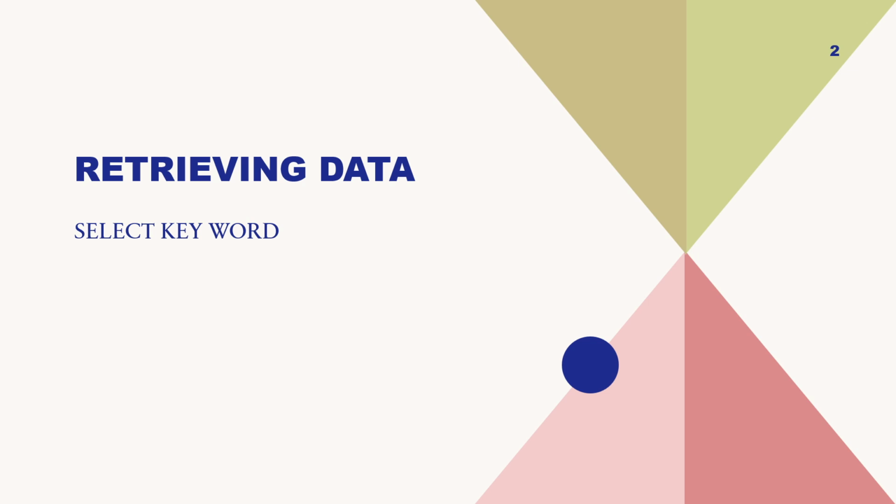Retrieving data is all about getting data from the database, and it is also important in case you want to produce some reports. You want to know which employees you have, how much they earn. And in retrieving data, we use the select keyword.